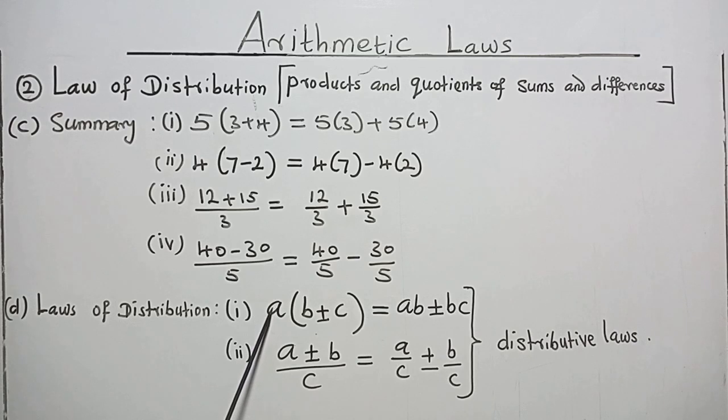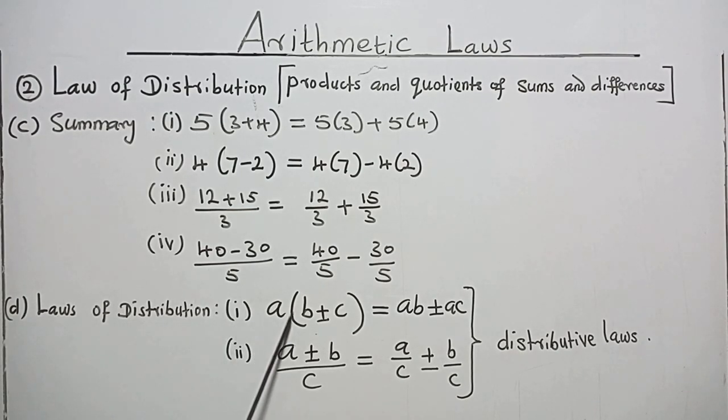What is it? Use that number, multiply the contents of the bracket, and in this case it is A times B, which is AB, and then plus or minus A times C. Please, that is AC. Yes, AC.